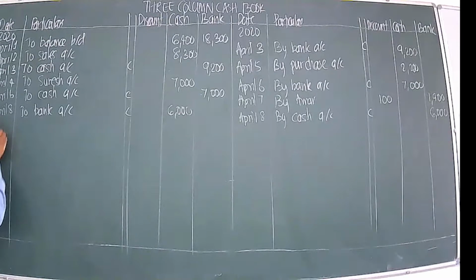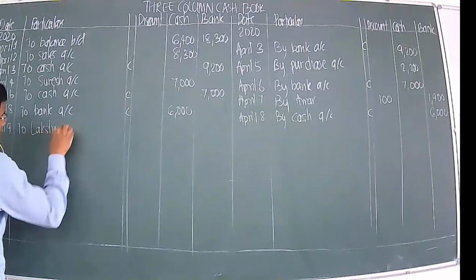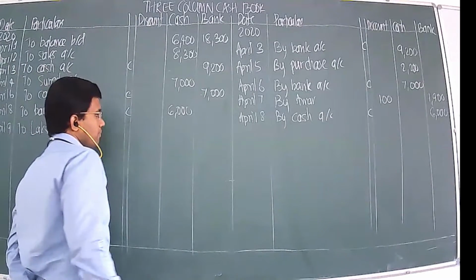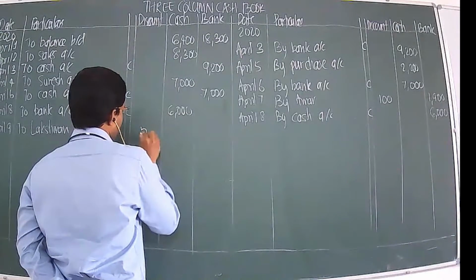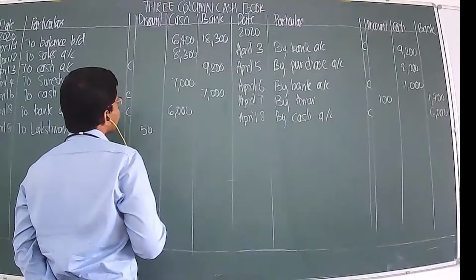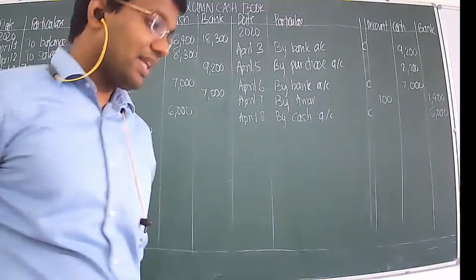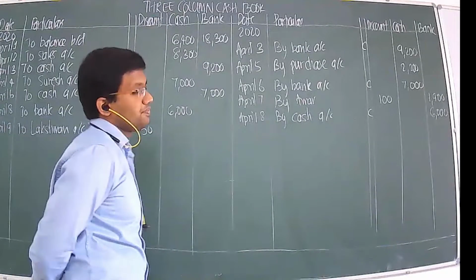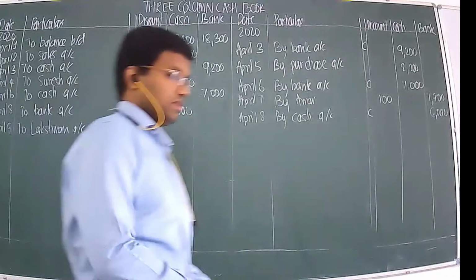To Lakshman account, okay. In the discount column, we have to write 50. And in bank column, 950. Is it bank column? Received check. That's why bank.